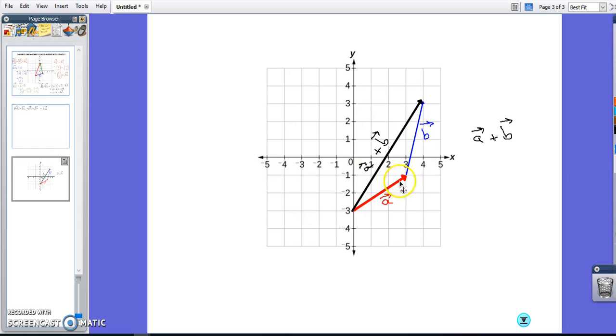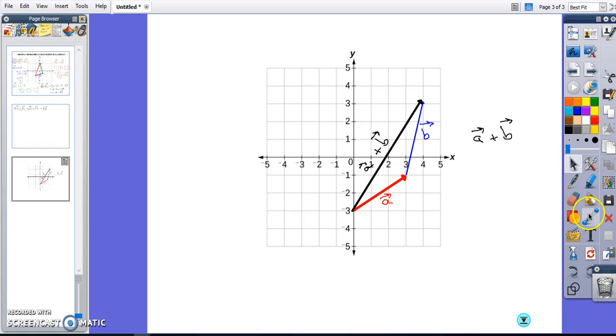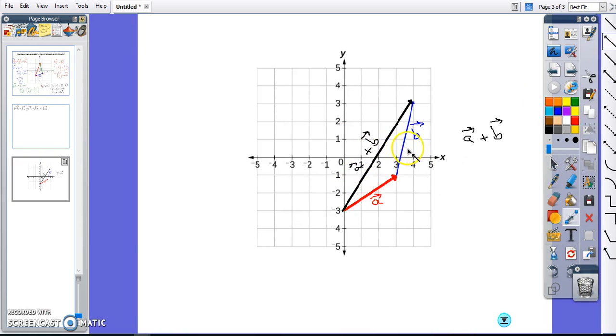Okay, it won't let me copy and paste the vectors. However, I can show you in a different way. This result here would be the same as if I started with vector b from this point. So vector b goes along 1 and up 4. So vector b here would go along 1 and up 4, just to make sure I get that right.